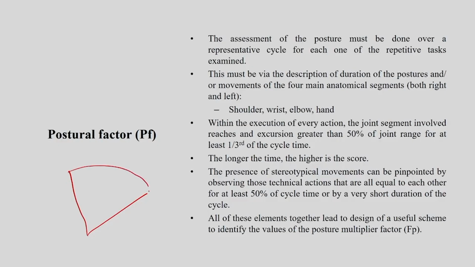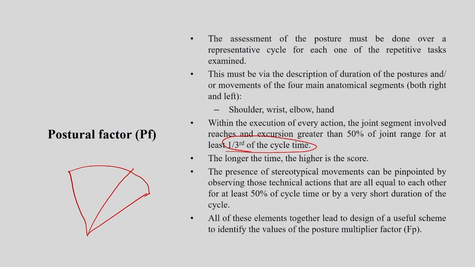Now if it is crossing more than 50% of that range, and this continues for at least 1/3 of the cycle time, then that is the value. So the longer the time, the higher the score.